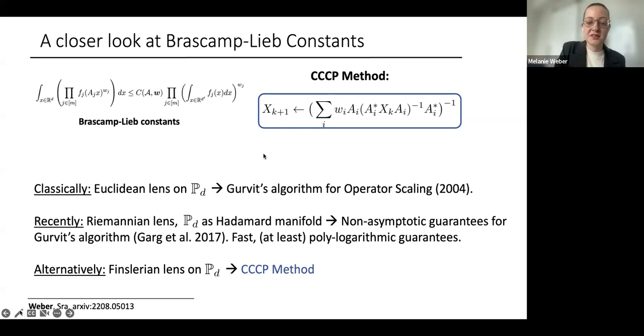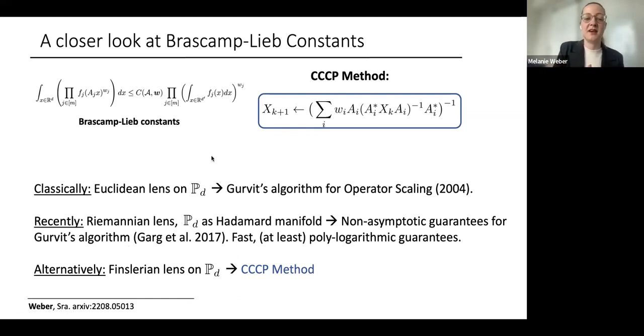Then more recently, about 15 years later, a convergence analysis for Gurvits' algorithm was proposed. In Gurvits' original work, there was only a guarantee of asymptotic convergence, so no way of telling how fast the algorithm converges, what its rate might be. That was provided in this follow-up work using a Riemannian perspective.